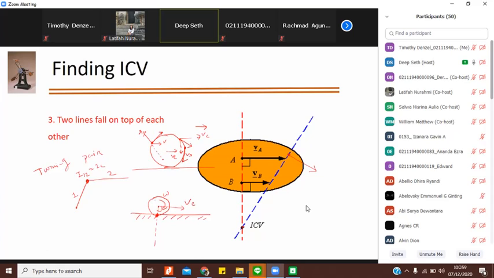So you just have to extend these lines where you are forming these. So it's not actually here. You will have this in this direction, and they will meet over here. So that will be your instantaneous center of velocity at I12. This is quite simple to understand, so just follow this for the roller part, right?